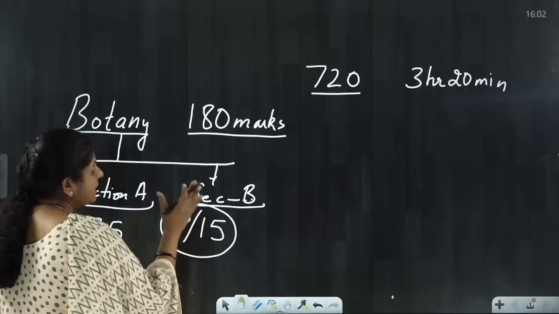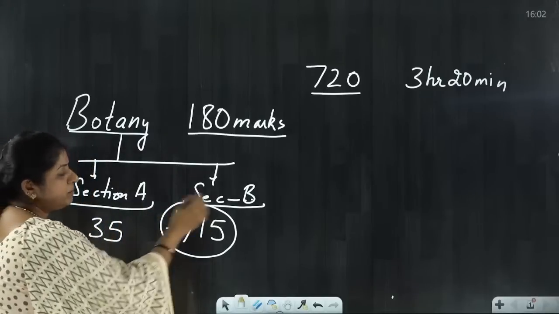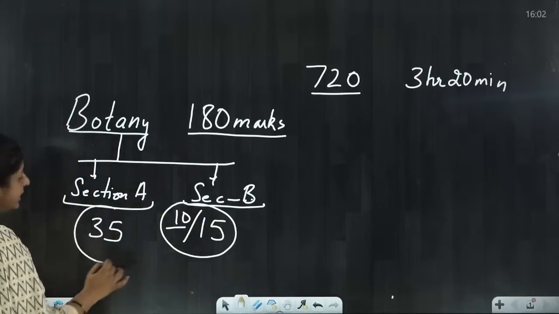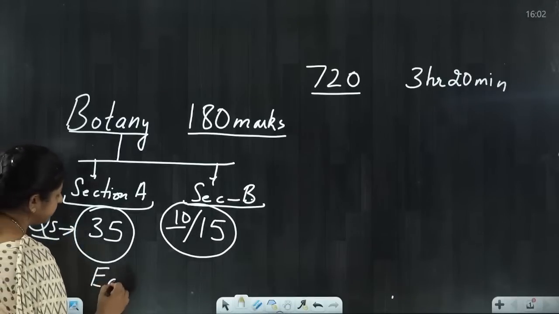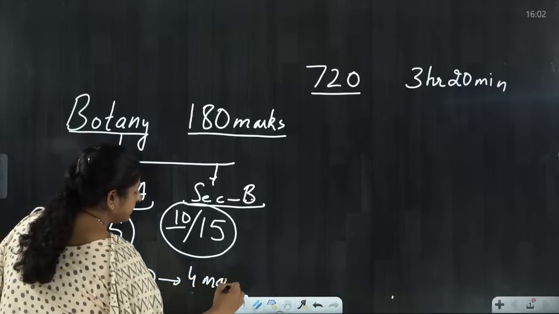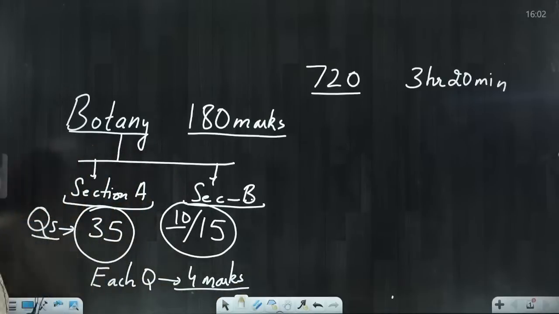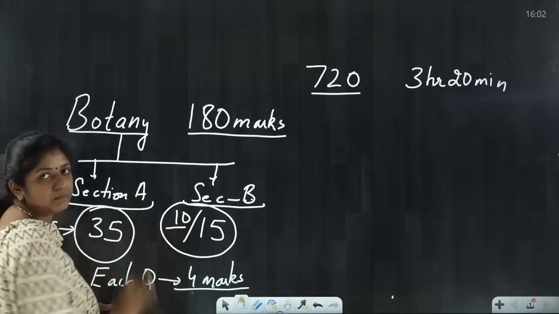You can take the 10 which you know best in section B. But in section A, all 35. Here I am talking about questions. Are you getting that? Each question will be of 4 marks. And there will be negative marking, whether it is section A or section B.